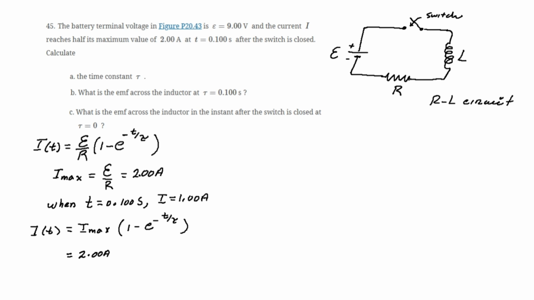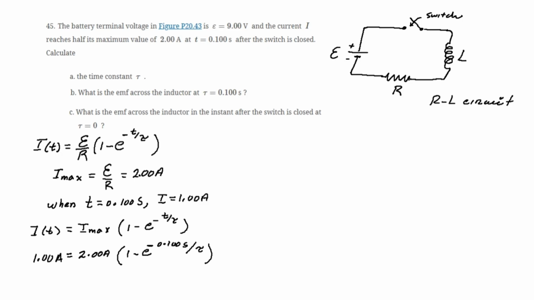And as when t is 0.100 seconds, I is 1 ampere, I can now substitute this I by 1 ampere when t is 0.100 seconds. So e to the power of negative 0.100 seconds divided by tau. Now, this is an exponential equation where the unknown we want to find is in the exponent.